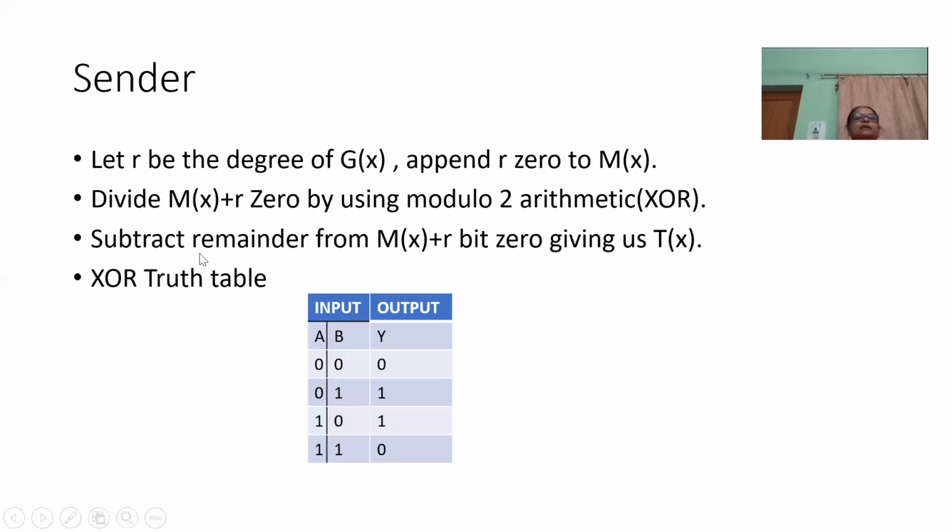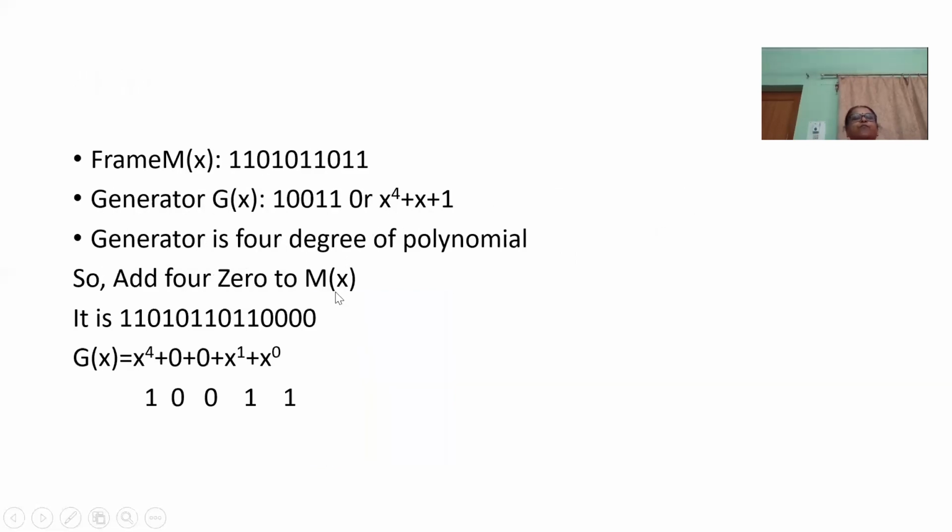Second step is to divide M(x) plus r 0s by using modulo 2 arithmetic. Before this step, let r be the degree of G(x) and append r 0s to M(x). The degree of G(x) is 4. How to calculate the degree of G(x)?